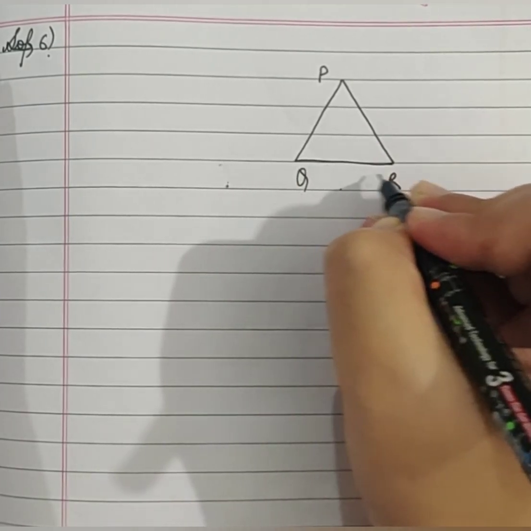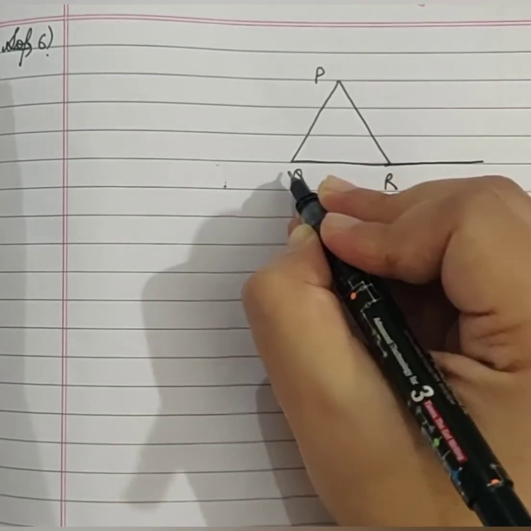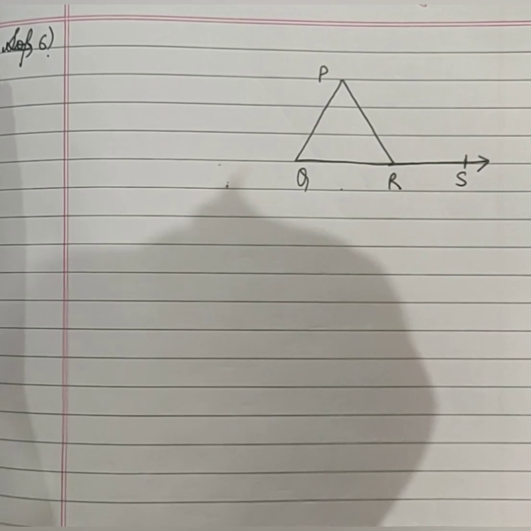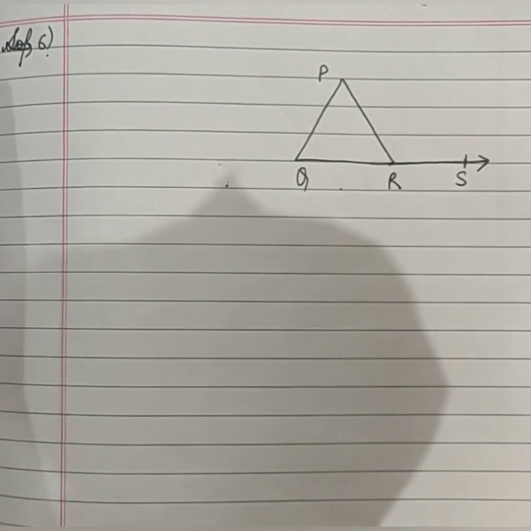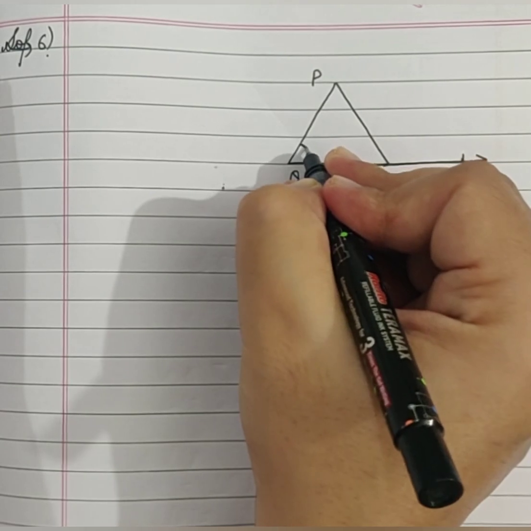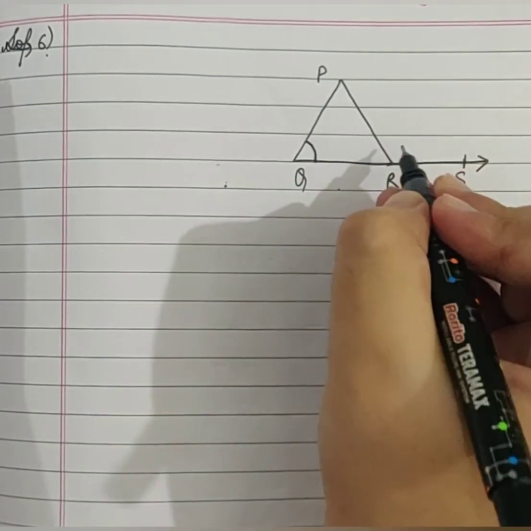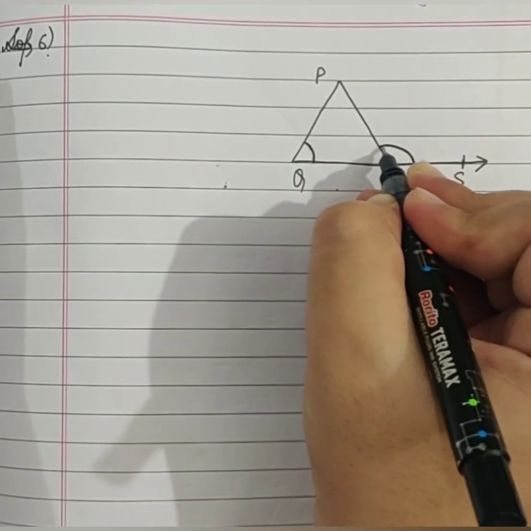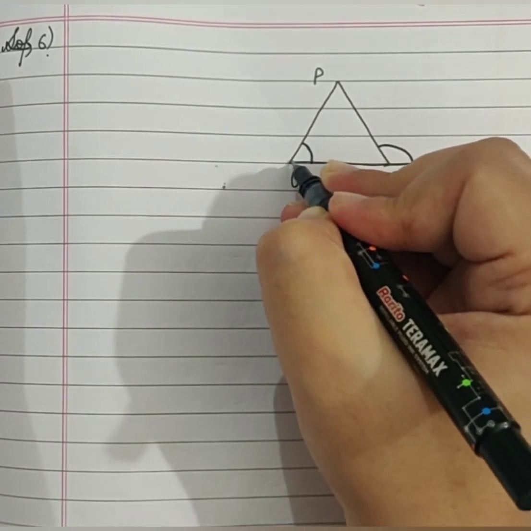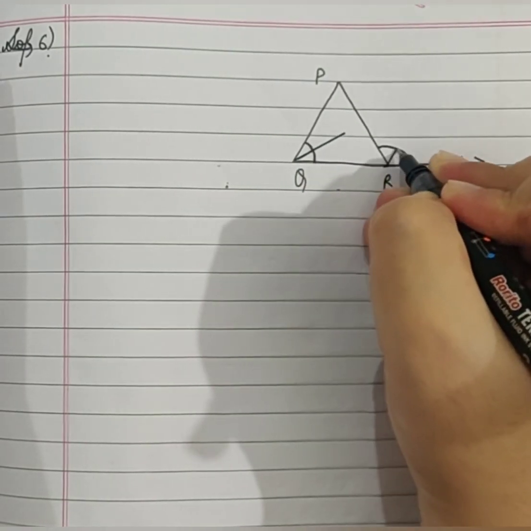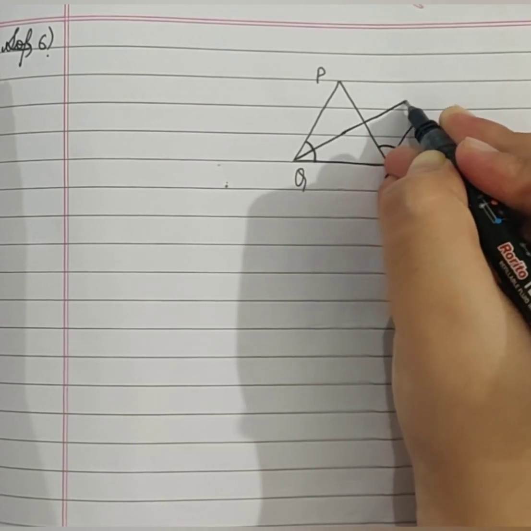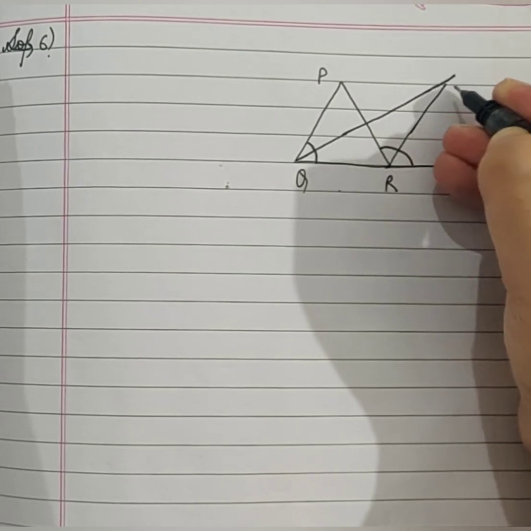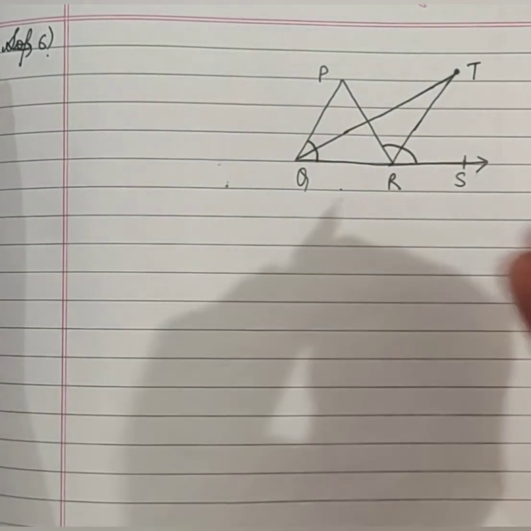The side QR of a triangle PQR is produced to a point S. If the bisectors of angle PQR and angle PRS, we know the bisector would be a line which would divide these angles into two equal parts, meet at point T. I'll read out this line again.